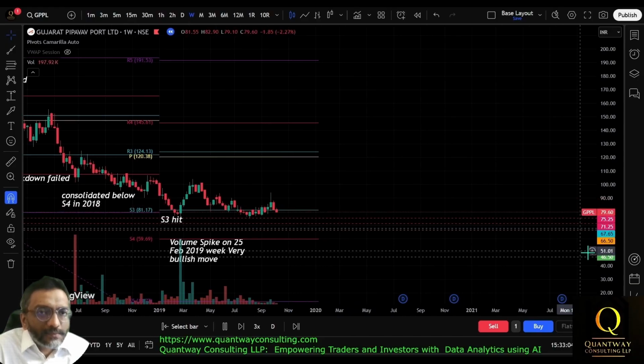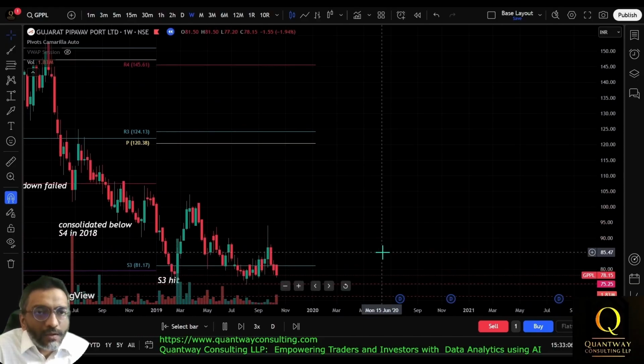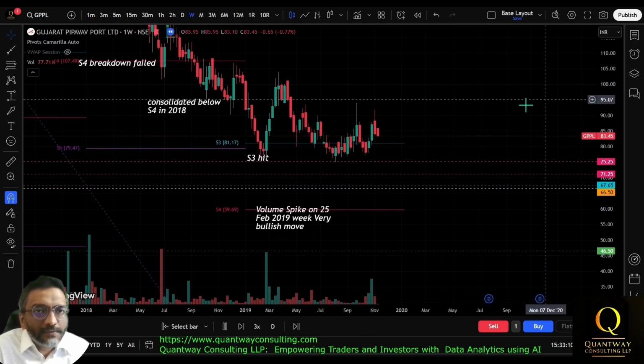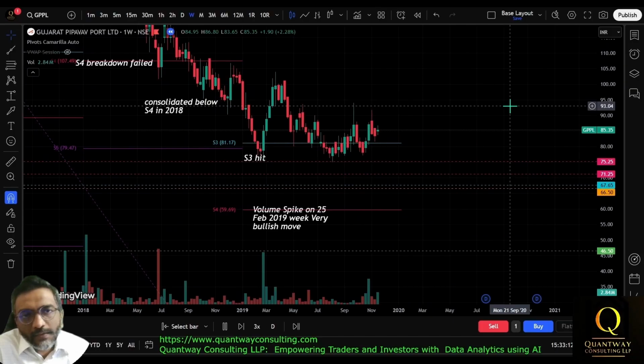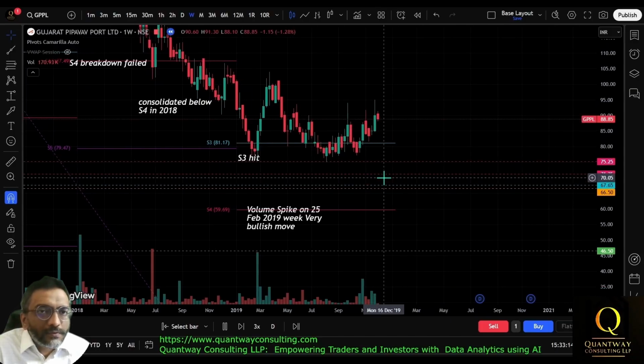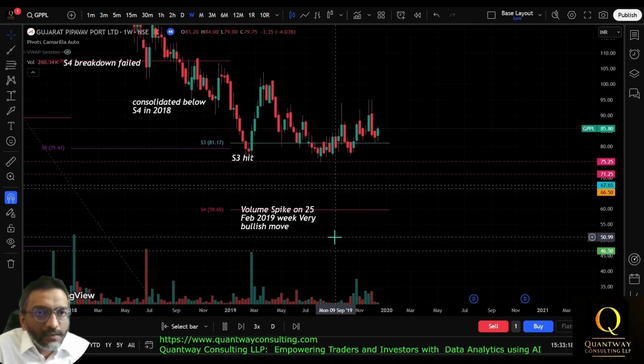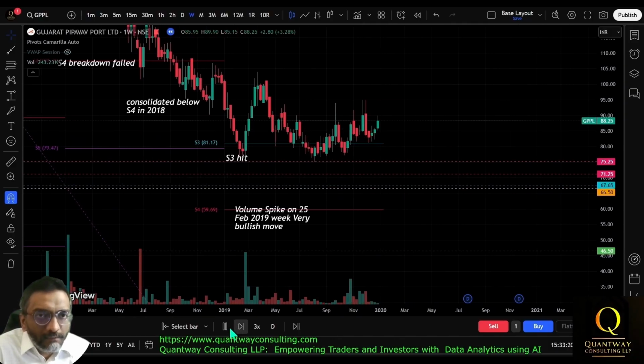There's some interest to move the stock up, or someone really wants to get inside this stock right now, but due to the bounce, the price action is still consolidating around the S3 levels.